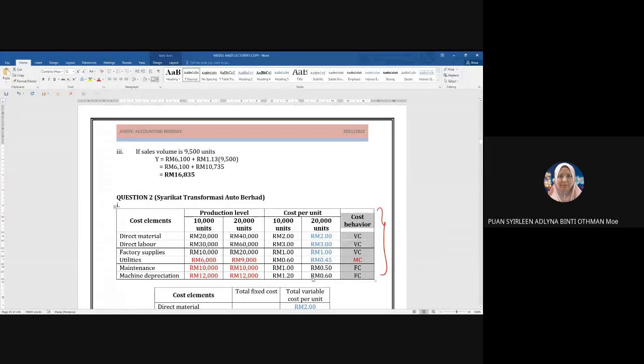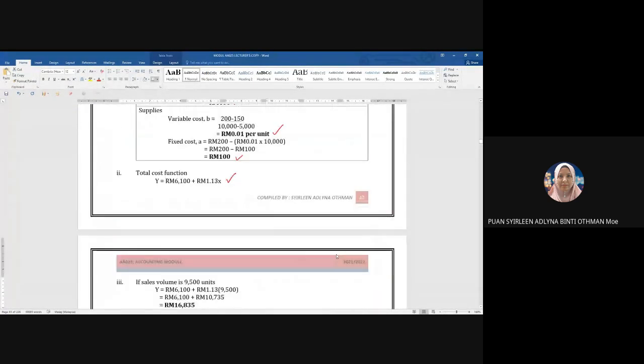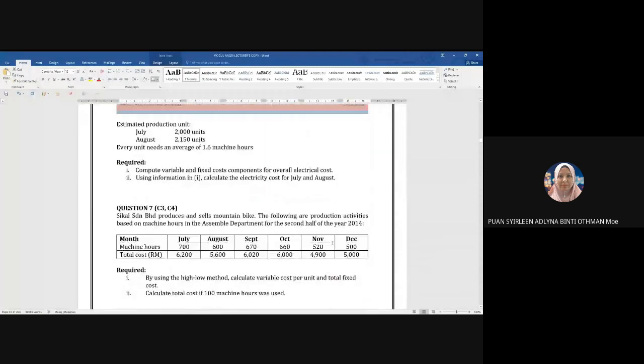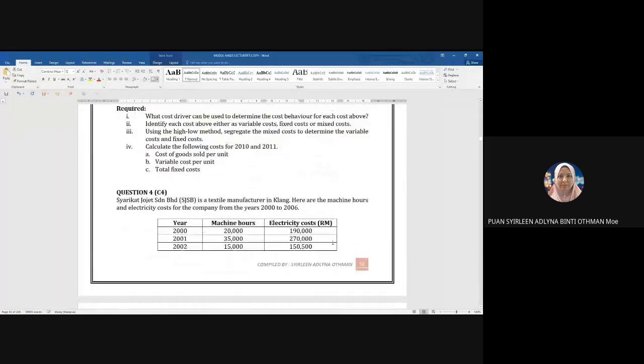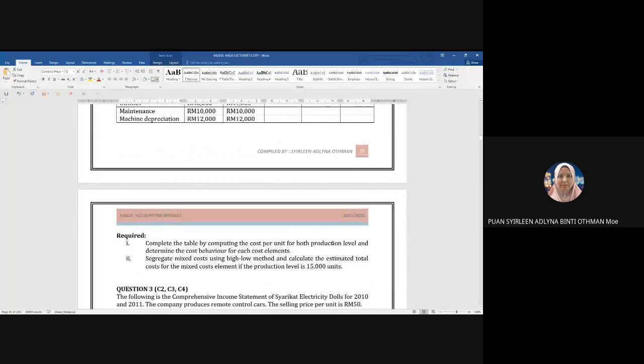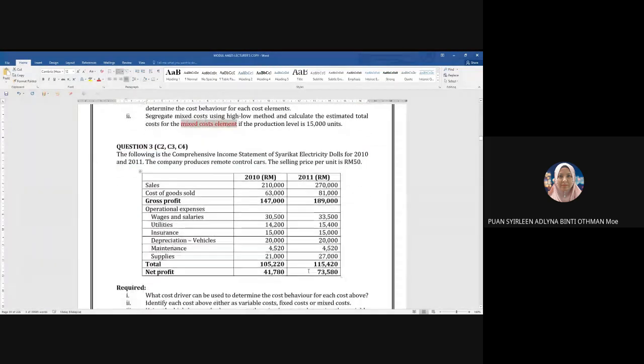But here, it only asks you to estimate the total cost for the mixed cost. Look at the question carefully. I pulled up the question to show you in case you did not read it or only read it quickly. The question really asks for the mixed cost elements only. So that means I am going to do a cost function for utilities only and substitute X equals 15,000 into the cost function. Alright?